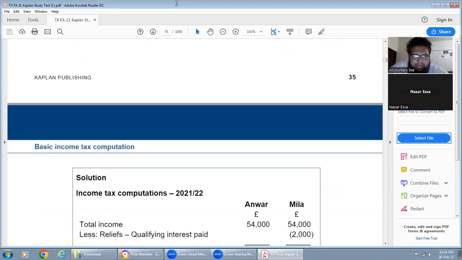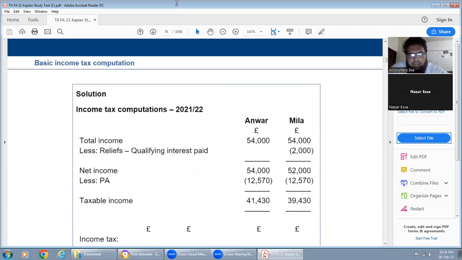Calculate the income tax liability. Total income 54,000. Relief: Anwar's interest payment does not qualify for relief, but Mila gets it. Why?